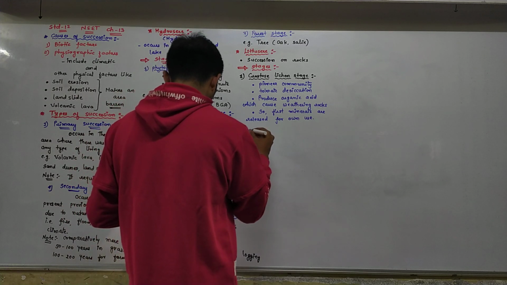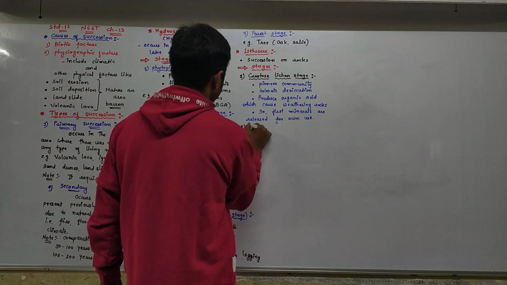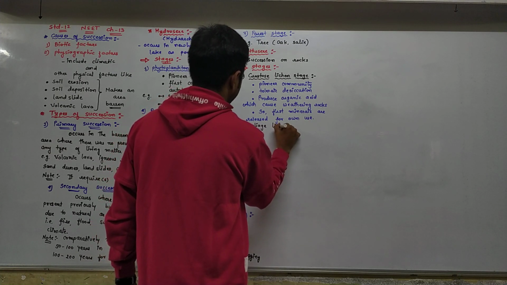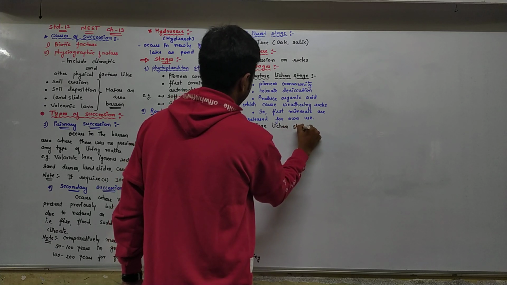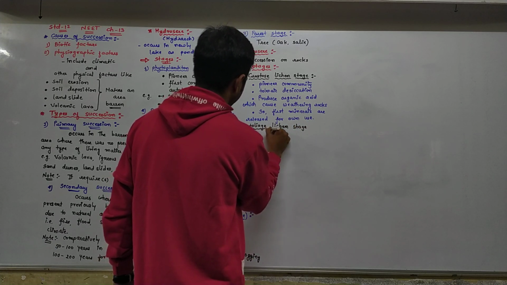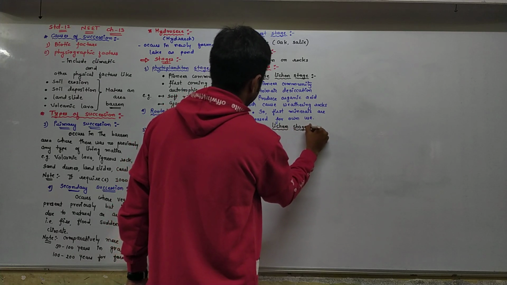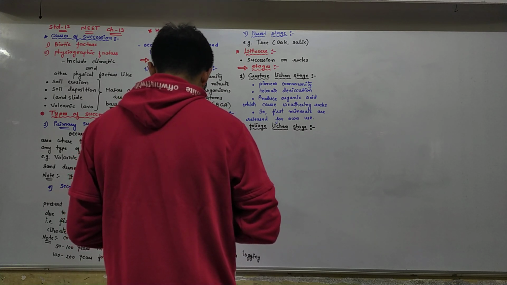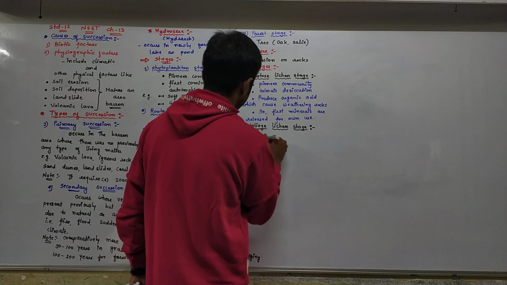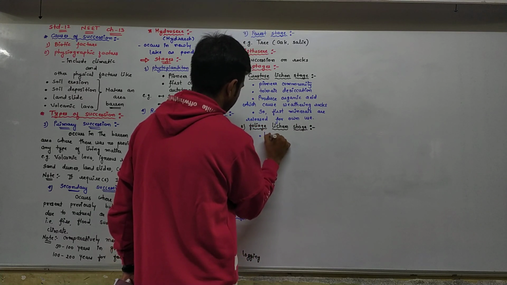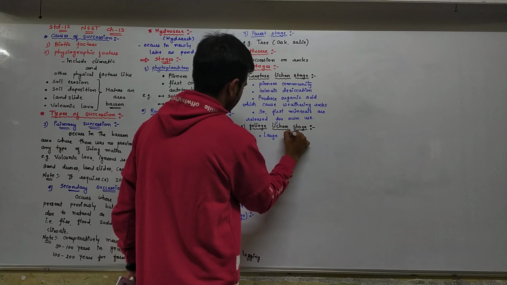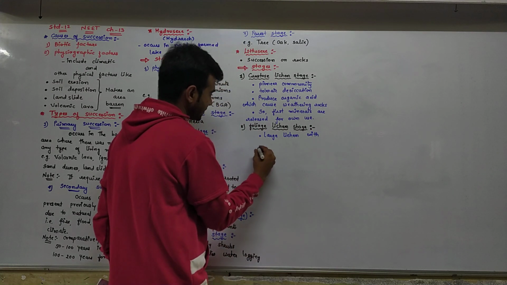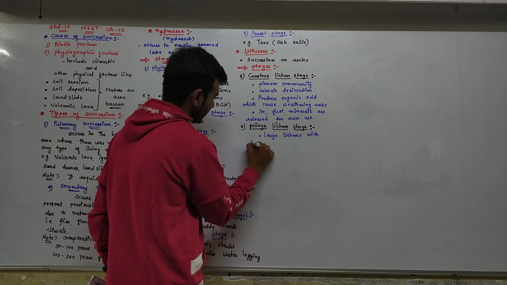Second, foliose lichen stage. Large lichens with leafy thalli.